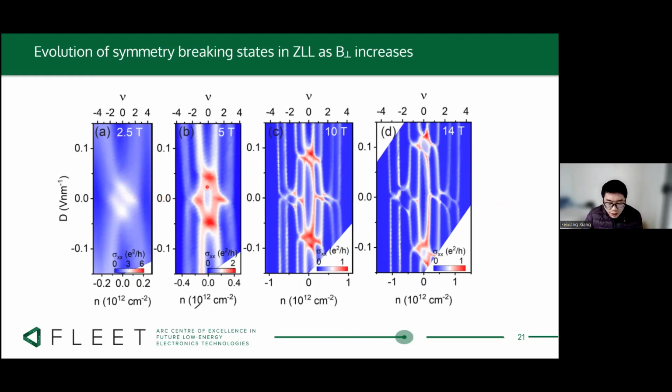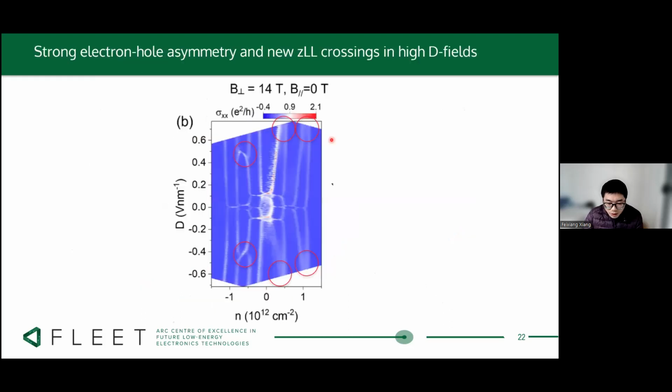As the magnetic field increases, more Landau levels split out. At 10 Tesla, we can see the total 8-fold degeneracy has been lifted, so there are a total of 8 Landau levels here. With a high quality sample, we are able to extend our Landau level spectral measurement to a very high magnetic field.